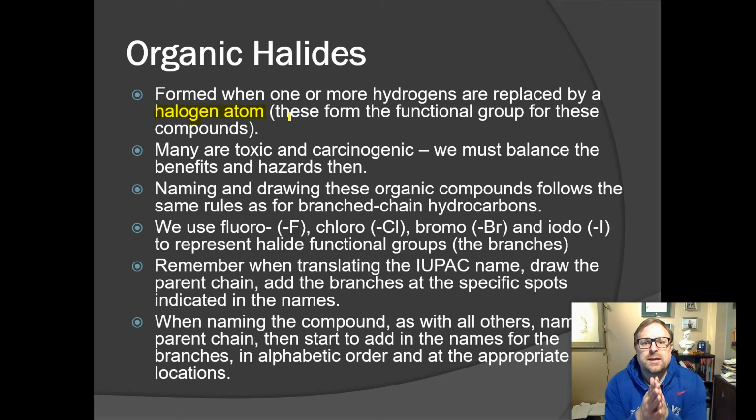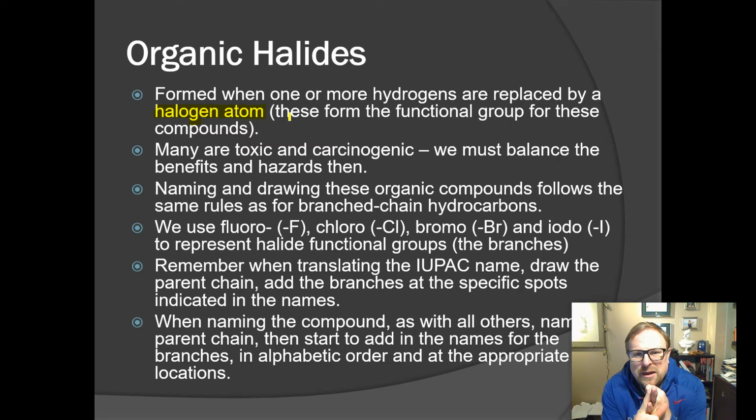And what I want you guys to understand is that these halogens are a functional group. I mentioned functional groups very briefly in the last concept. A functional group is something that identifies an organic compound as being a particular kind of organic compound. So if you have a triple bond, you're identifying the compound as being an alkyne.